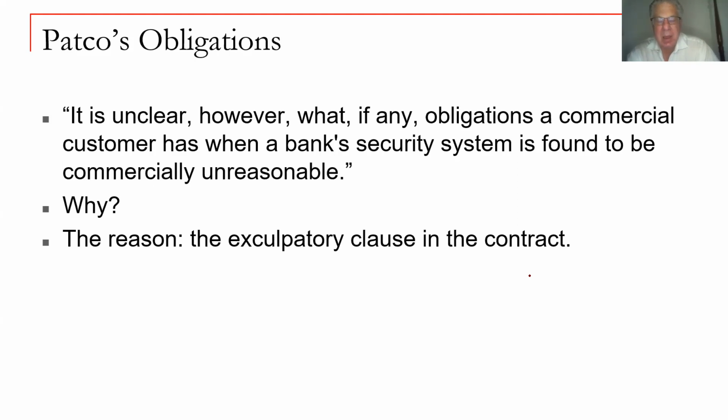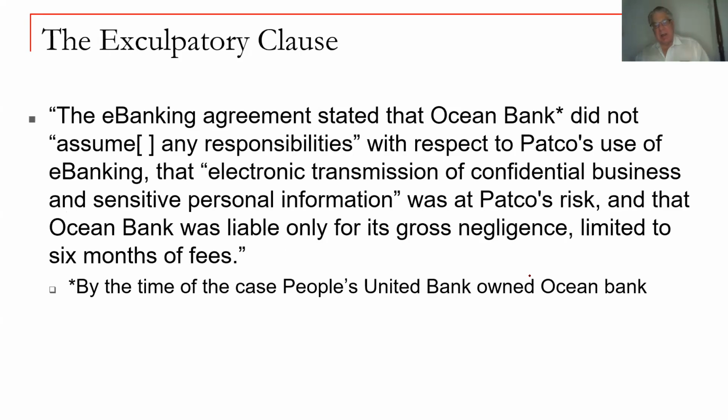But why? And the reason is the exculpatory clause in the contract. Here's what it says. The contract with Ocean Bank, People's United Bank, said that the bank was liable only for gross negligence, and it limited that liability to 6 months of fees.